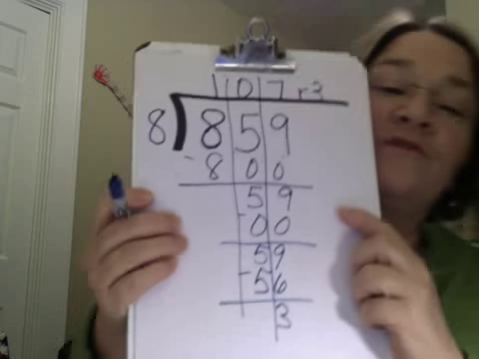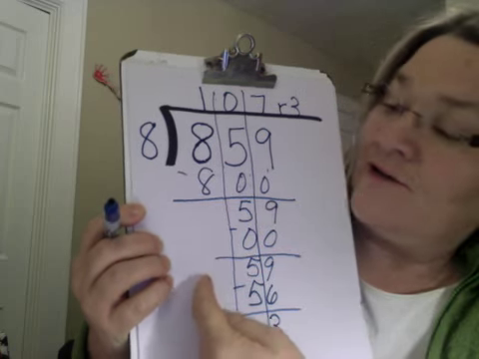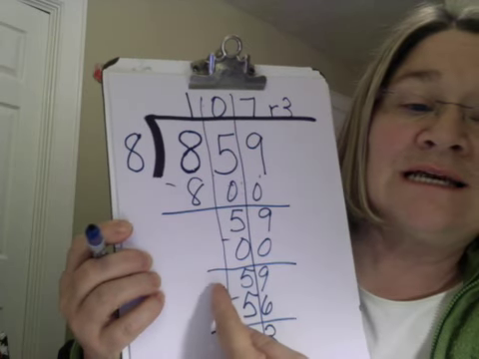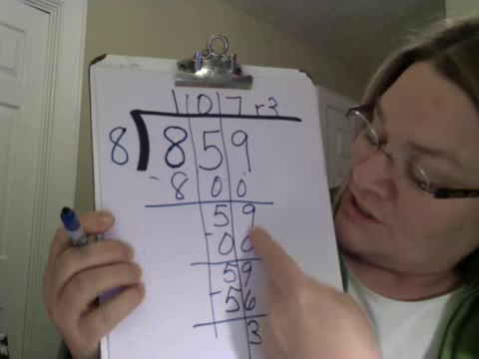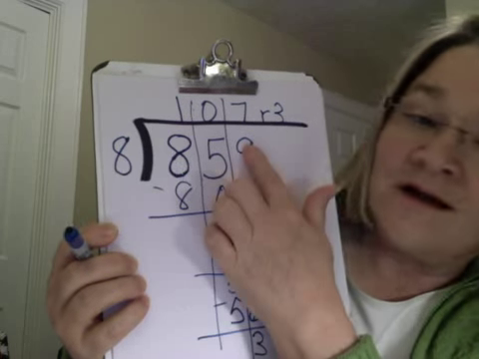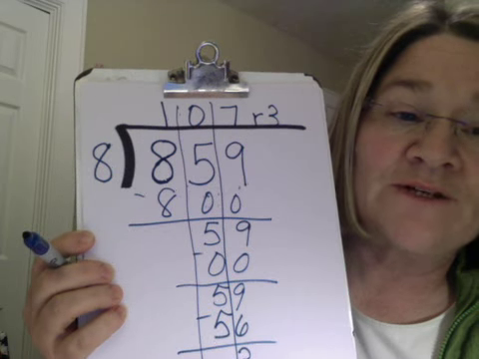So you do your first place, which right here is the hundreds. You do your next spot, which is the tens. And then you do the next spot, which is the ones. If you'll always work your way along, you will always know where that 0 goes if there's a 0 in the answer.